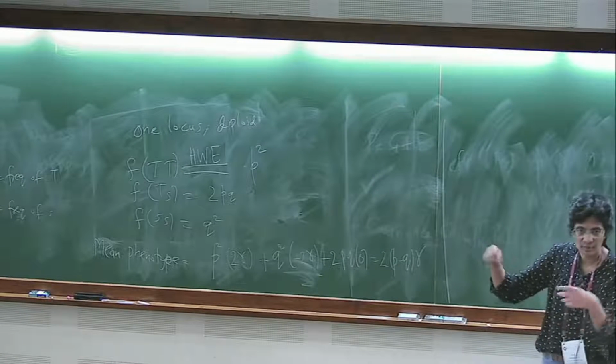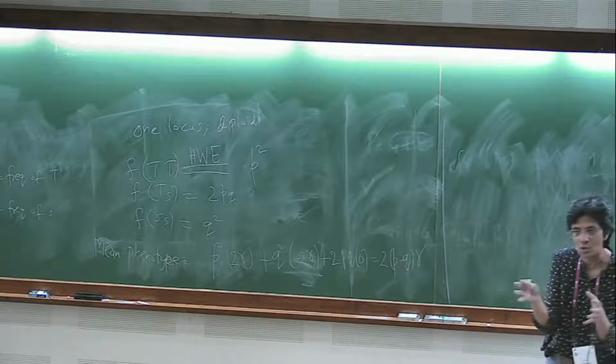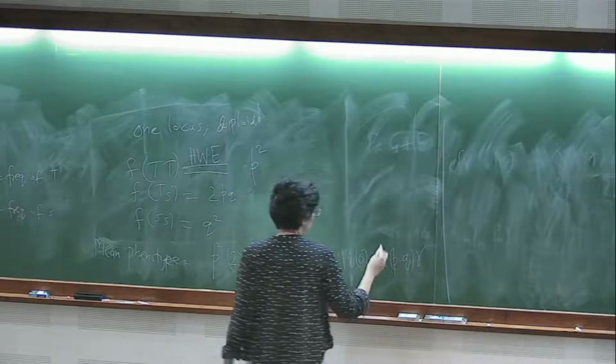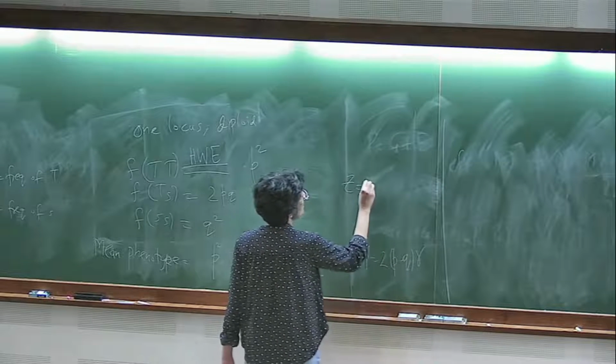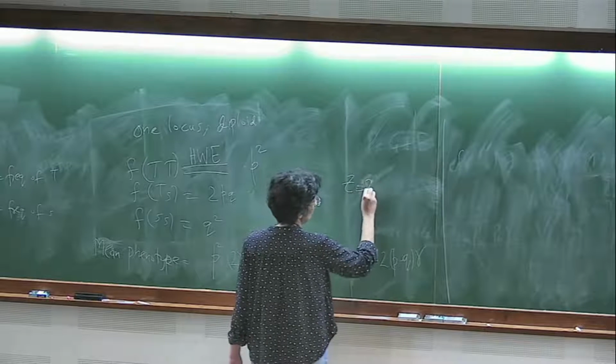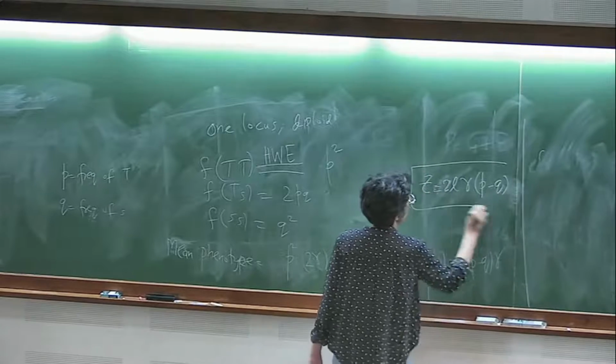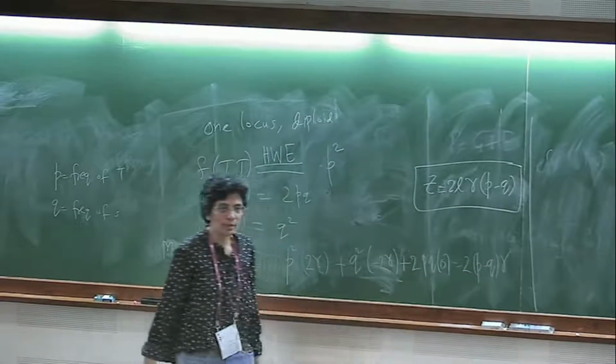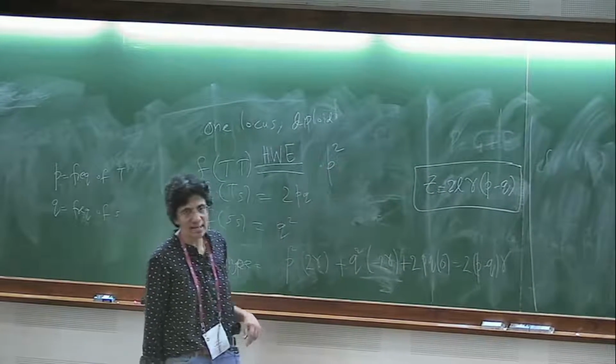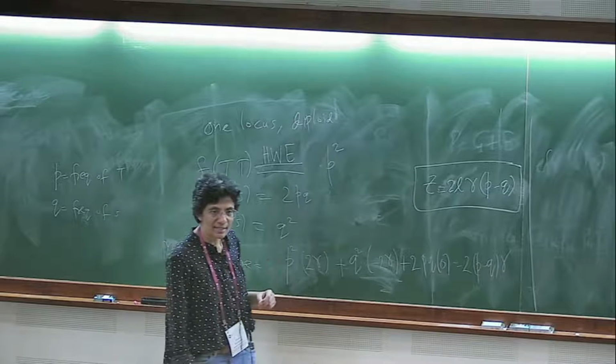And because everything is additive, independent, and so on, for L loci, Z is 2L gamma (P minus Q). I'll not bother you too much, but you can do this calculation again and find the additive variance.